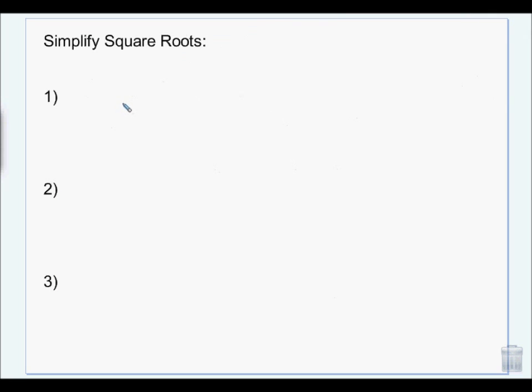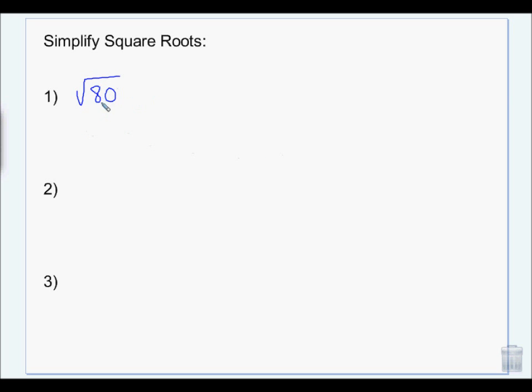So if we have, let's say, the square root of 80, okay? That's an unattractive 80 right there. There are two methods for me to do this.